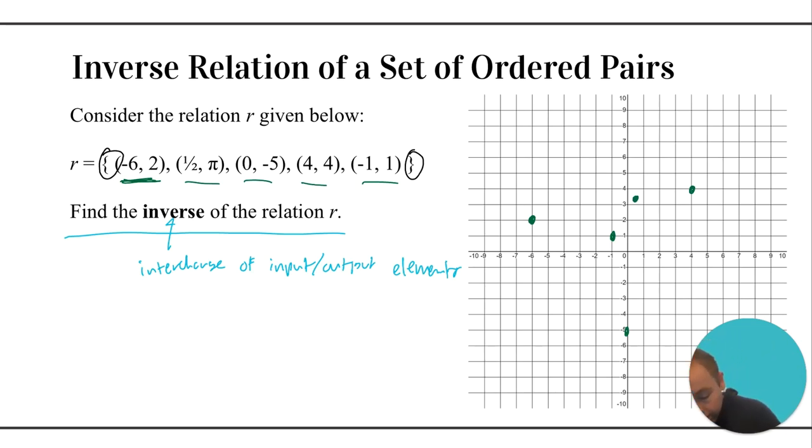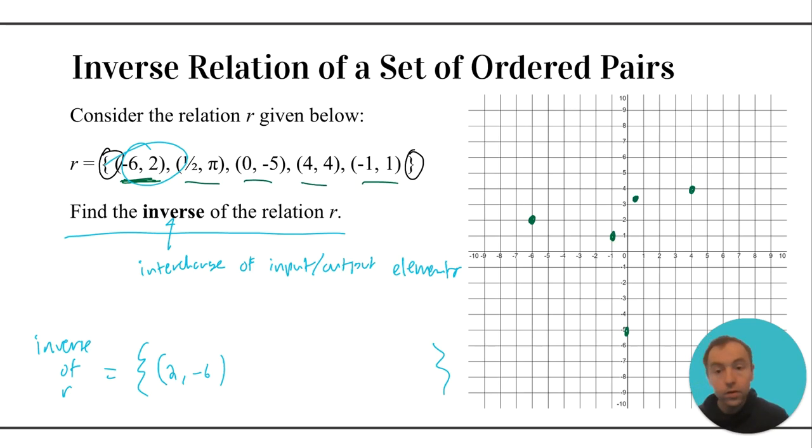So whatever the inverse of our relation is, it should consist of these ordered pairs. So (2, -6) should be an ordered pair, because you would take that original ordered pair and just swap the x and y. And you do that for all of these, and the last one we'll get is (1, -1), right?